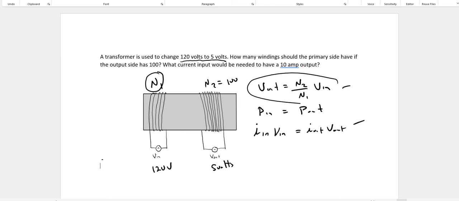So I'm going to take this formula here and just rewrite it. The output voltage is 5 volts. The N2 is 100. The N1 is not known. The input voltage is 120 volts.